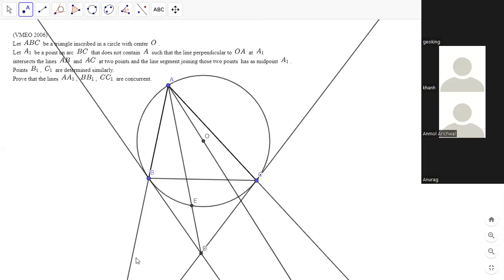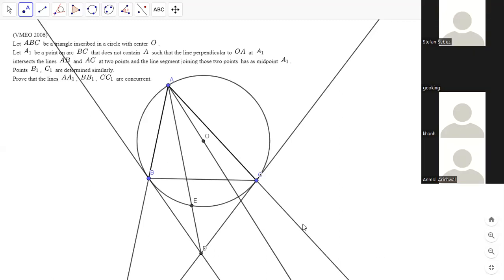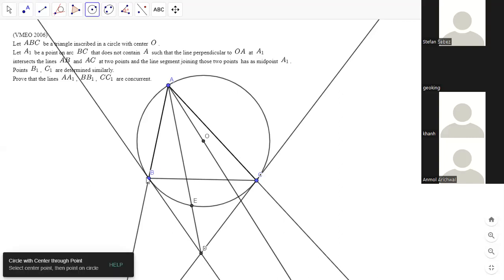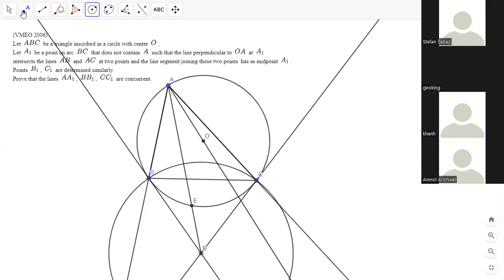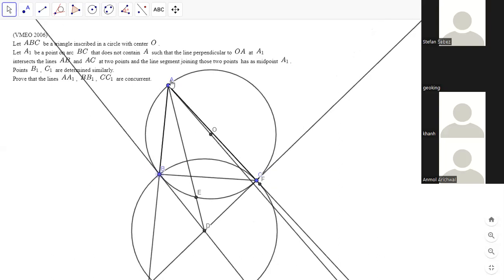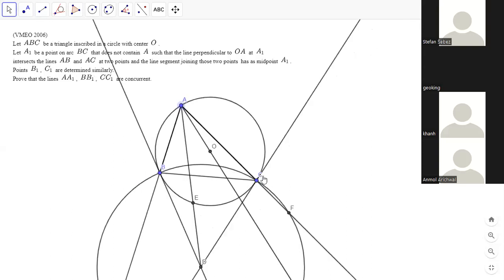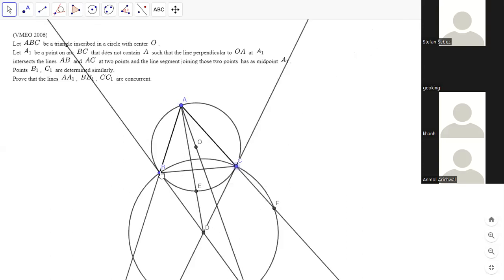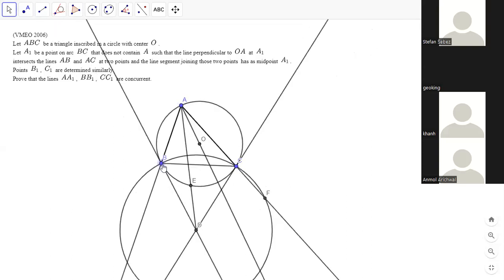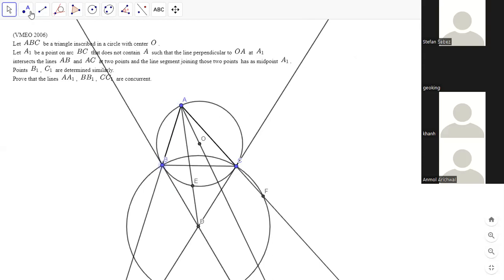Like if you draw the anti-parallel to BC through D, basically, yeah, like if you look at this circle right here, you can show by an easy angle chase that DF and this point are collinear.